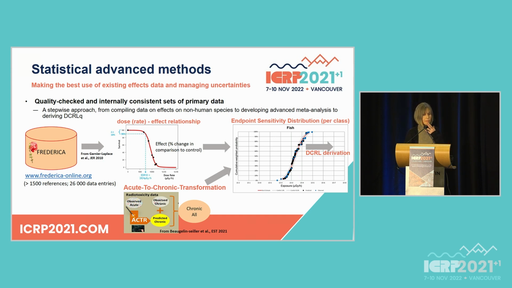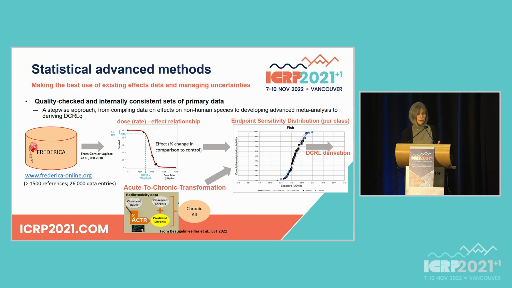Here in this example, this is a dose rate effects relationship rebuilt for a chronic exposure situation and a given species and a given endpoint, and we have systematically extracted a critical value, which is the EDR10, the dose rate giving 10% change in observed effects in comparison with the control.